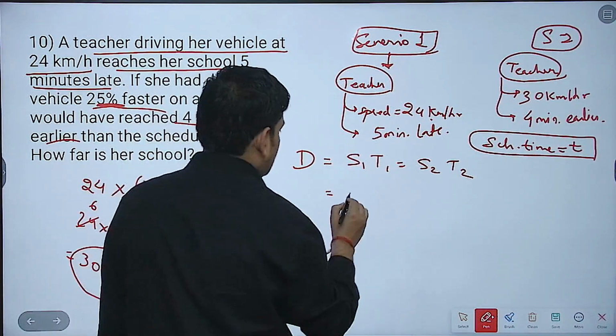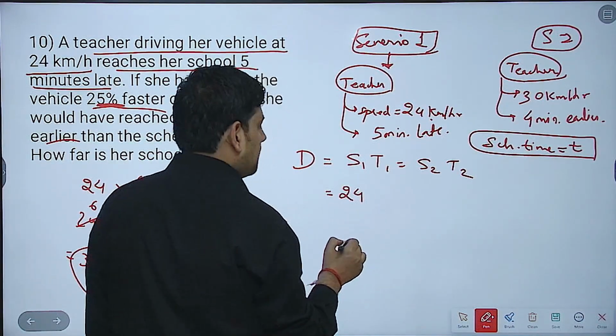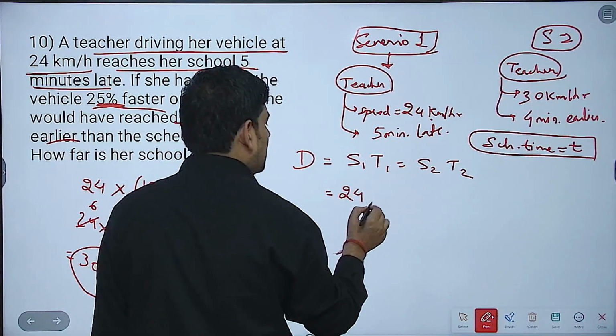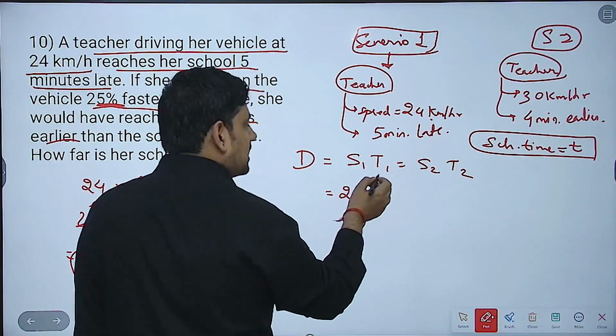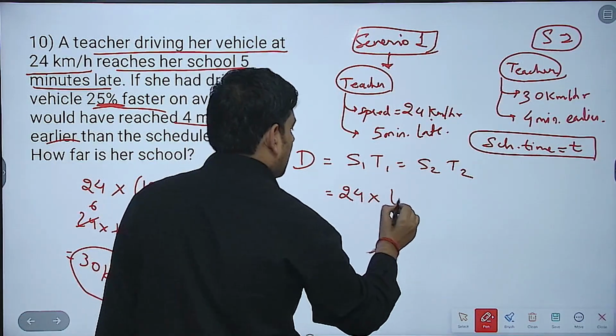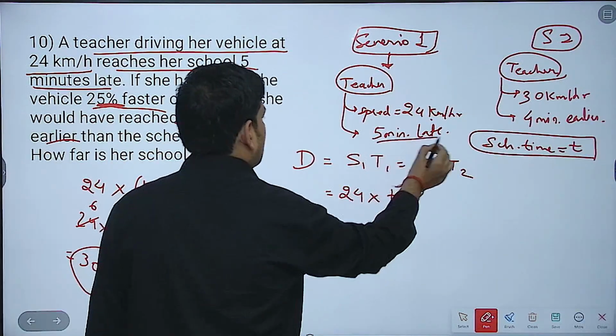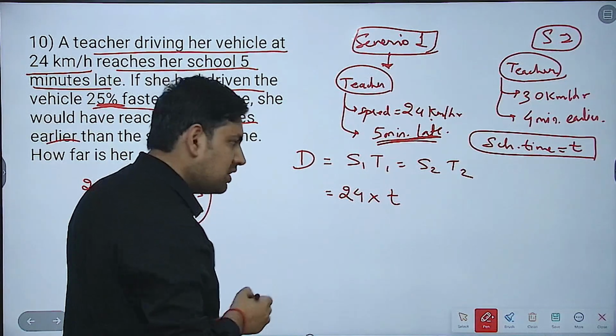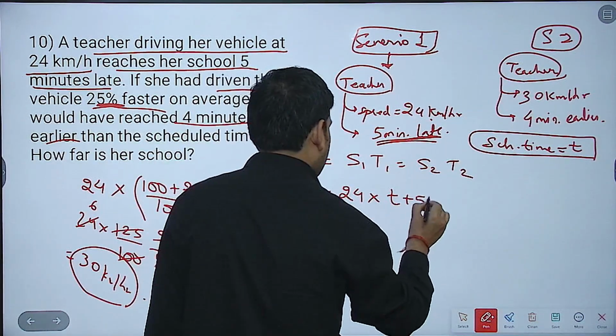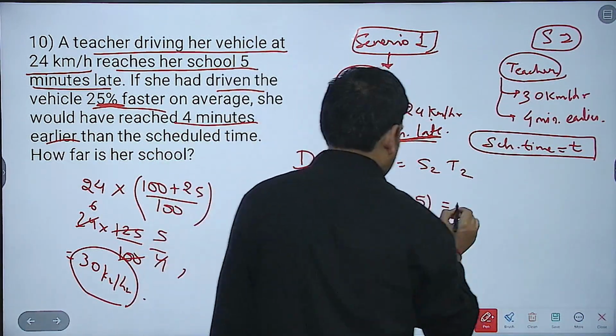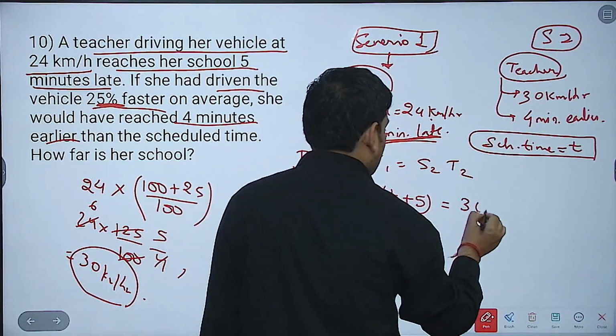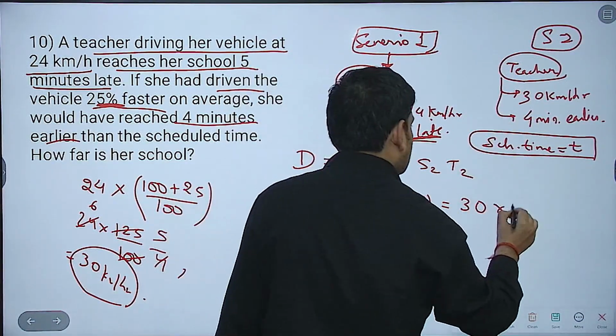Now, in the first case, the speed is 24, but this is in kilometers per hour, and the time is given to be t plus 5 because she is late. This is equal to, in this case, the speed 30 into t minus 4, because she is early.